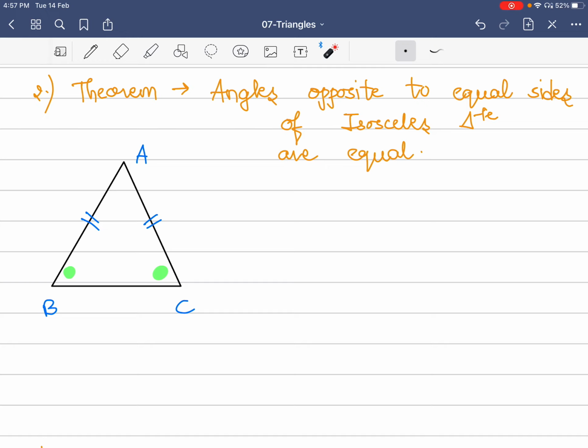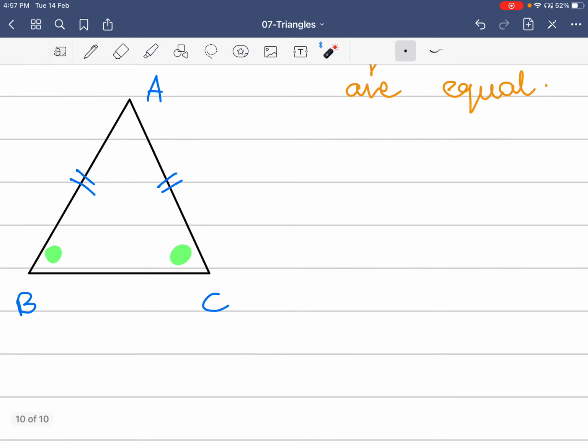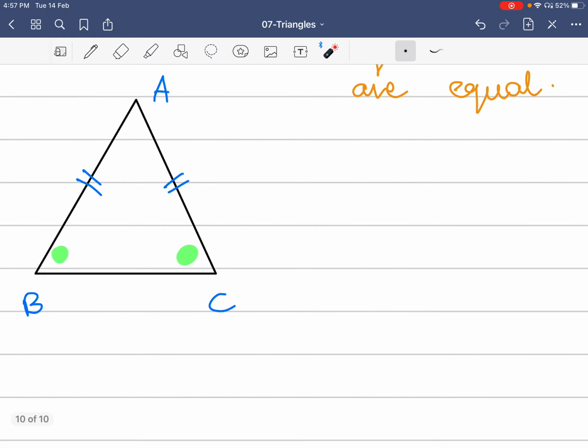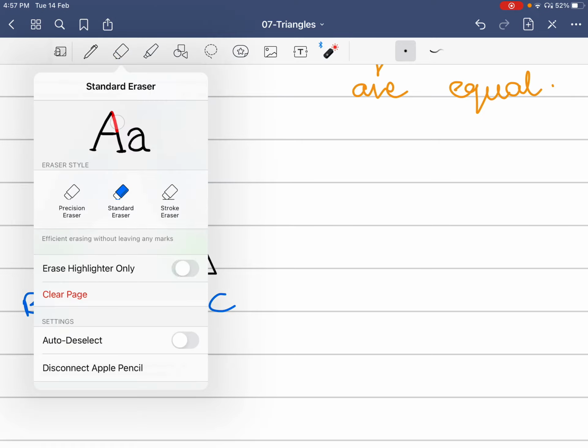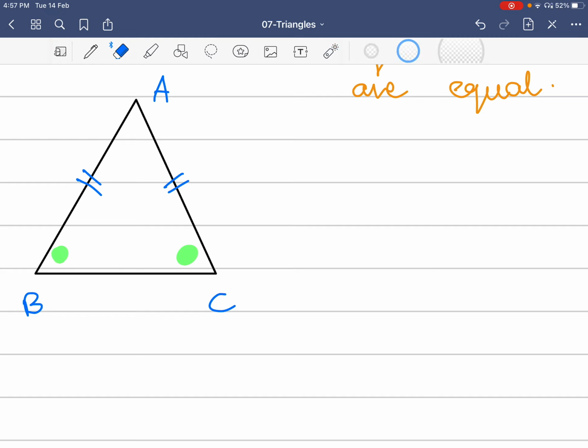Now, since this is a theorem, let's see how we can prove it. Let's zoom in on this triangle. I want to do a construction in this triangle. So in triangle ABC, first of all, let's remove the highlighting. We have side AB equal to side AC.